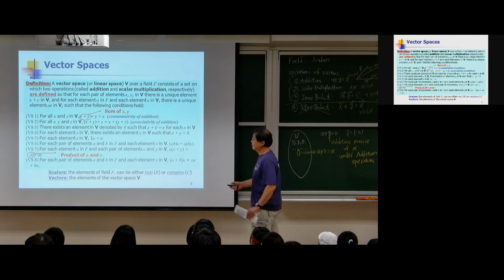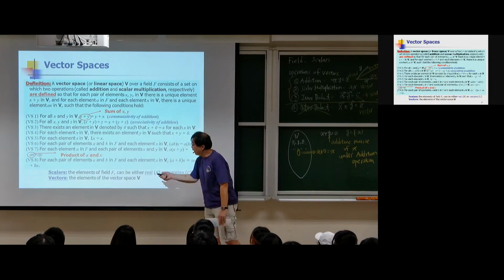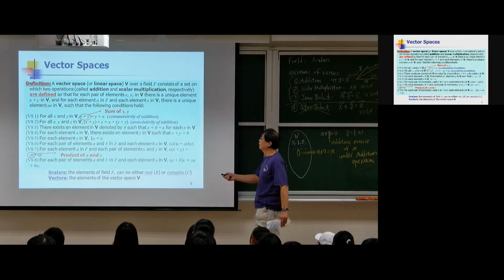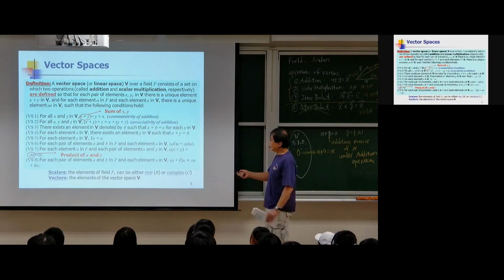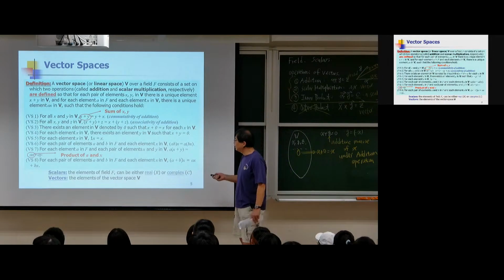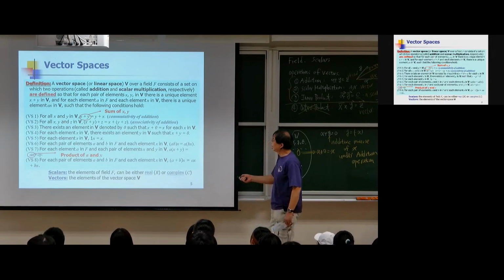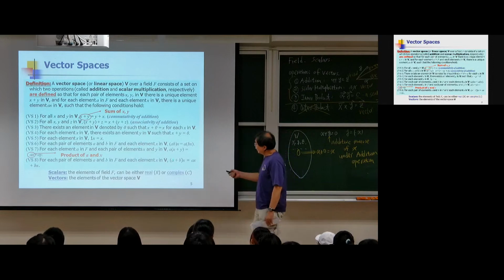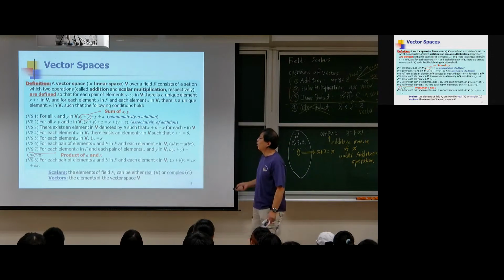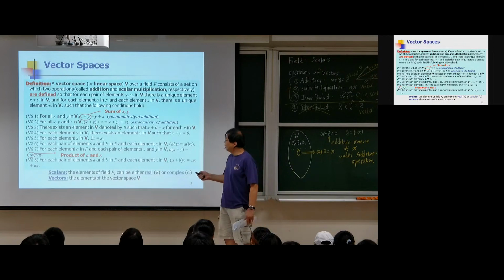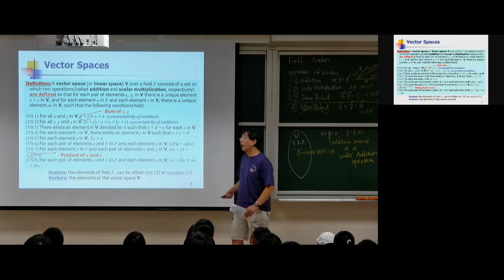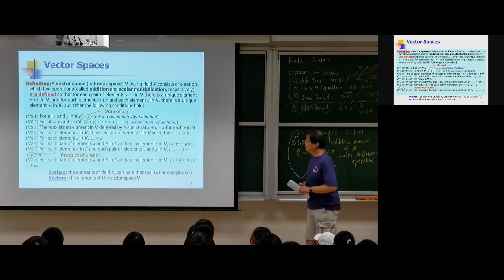And VS7 says that for each element A in F and each pair of vectors X and Y in V, we have the distribution law. So A times (X plus Y) will be equal to A times X plus A times Y, which is very straightforward to us.